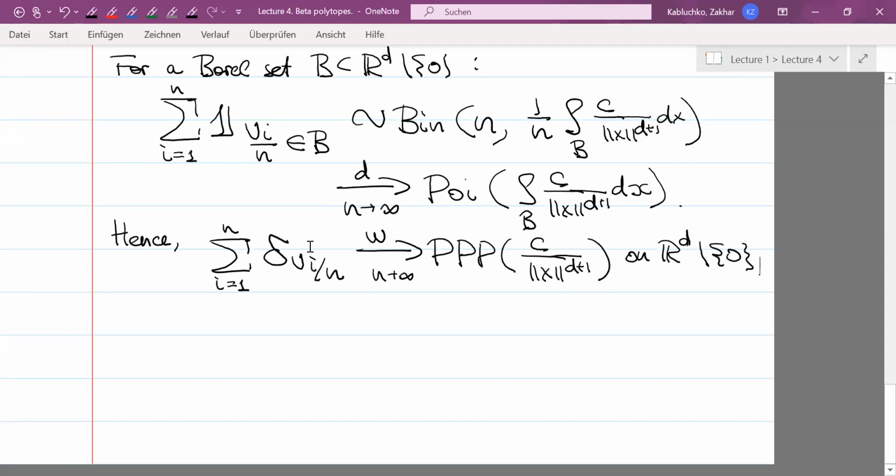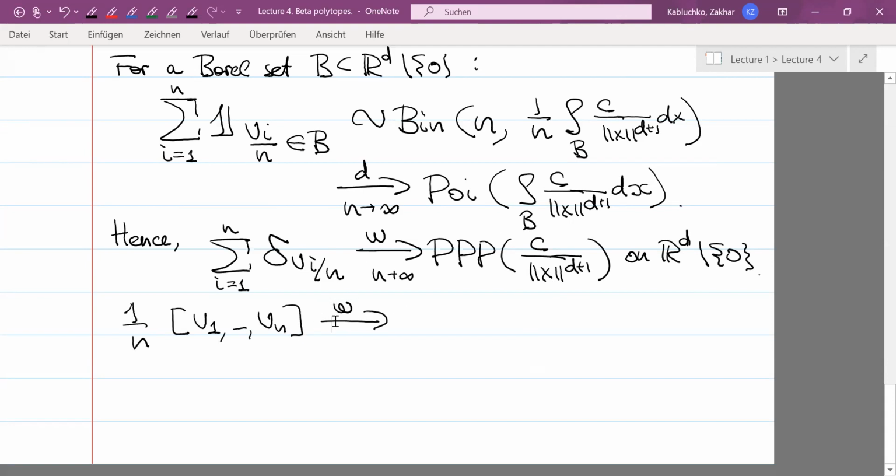So the points converge, and their convex hull converges to the convex hull of this point process, which means, if we take the beta polytope, the convex hull of V_1, ..., V_n divided by n, it converges weakly in some sense which I don't describe.